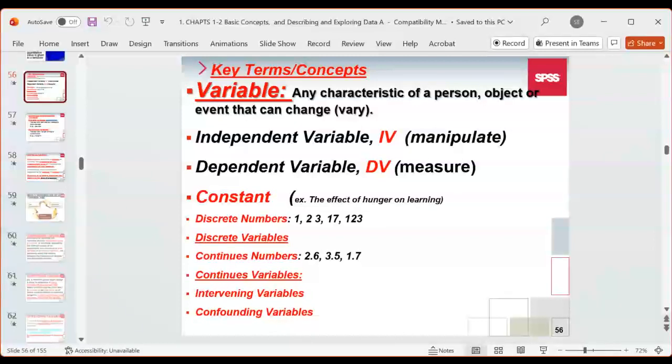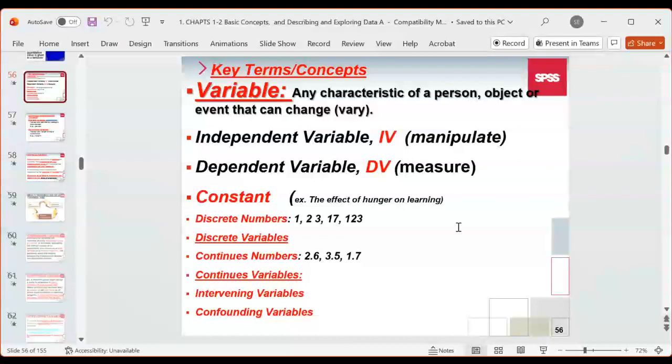And then discrete variables are the whole numbers. Discrete numbers are whole numbers, 1, 2, 3, right? The discrete variable are, for example, people. Like, you have 4 brothers, 2 sisters. Continuous numbers have fractions, 2.6, 3.5.